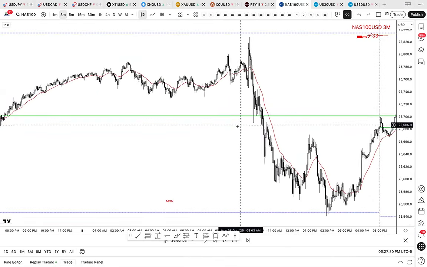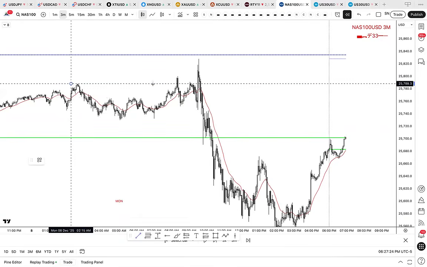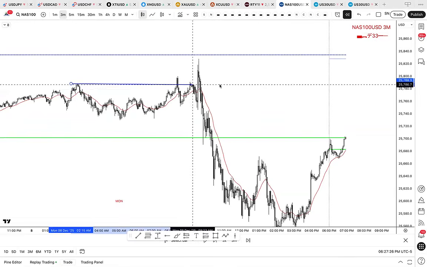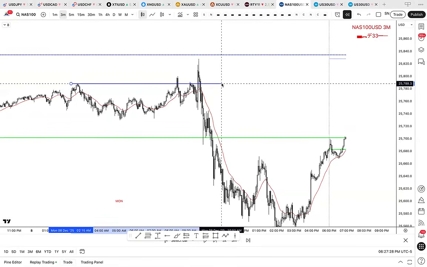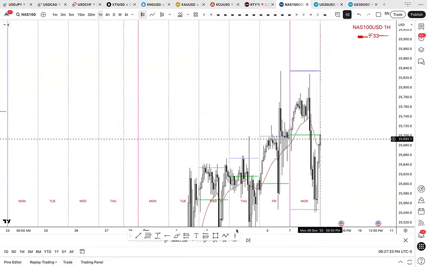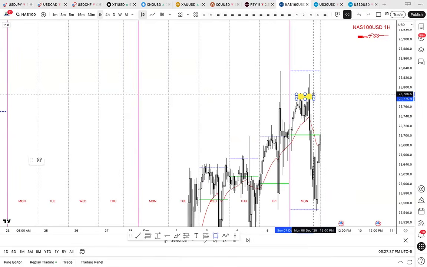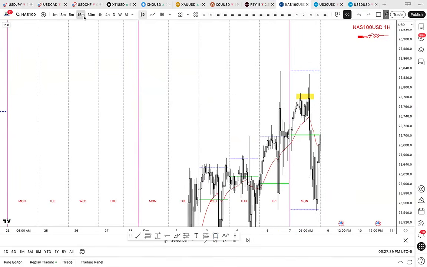We're not looking at that right now, but this is the high, so let's draw out our strike zone. As a matter of fact, let me redraw it. Just going to prove my point here. Now, if you're drawing this on the 15-minute, it doesn't matter. It's the same thing.